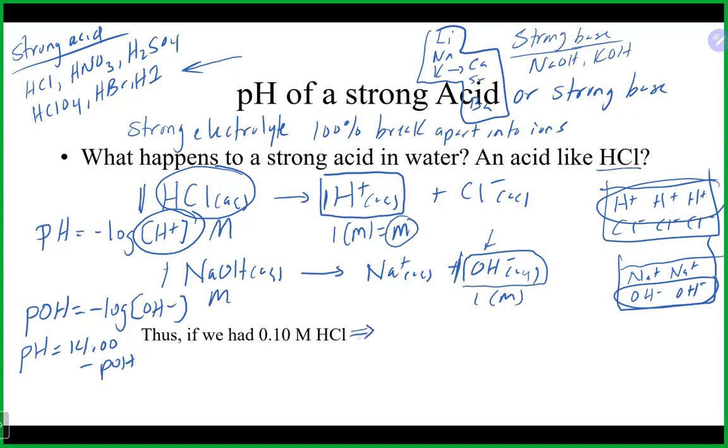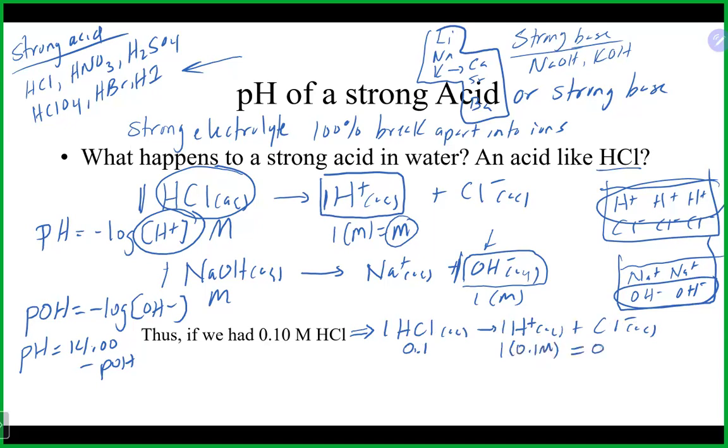So if we take a look at this example here, which I think was the experiment the other day, the first calculation: if we have 0.1 molar HCl and we want to know what the pH is, once again, because this is going to break apart into H plus and Cl minus, if this is 0.1 molar, a 1-to-1 relationship means we take 1 times the molarity of the whole thing.